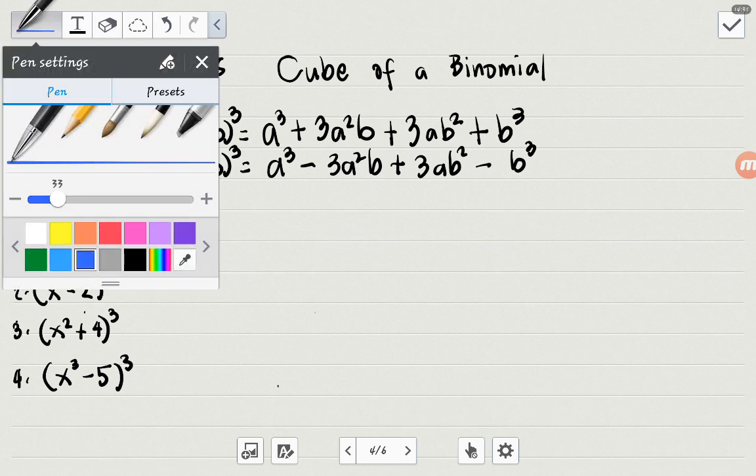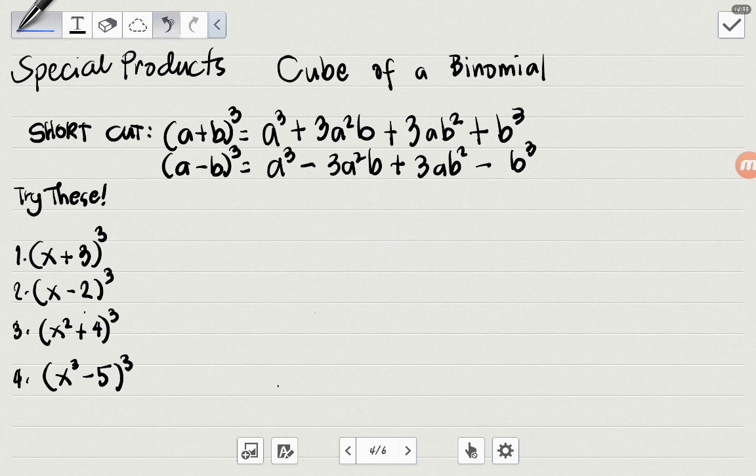Let's try to answer number 1 to 4 using our pattern. So, ang magiging sagot natin ay 4 na term. Dahil ito ay plus, yung tatlong sign na mag-separate sa terms ay plus, plus, plus.